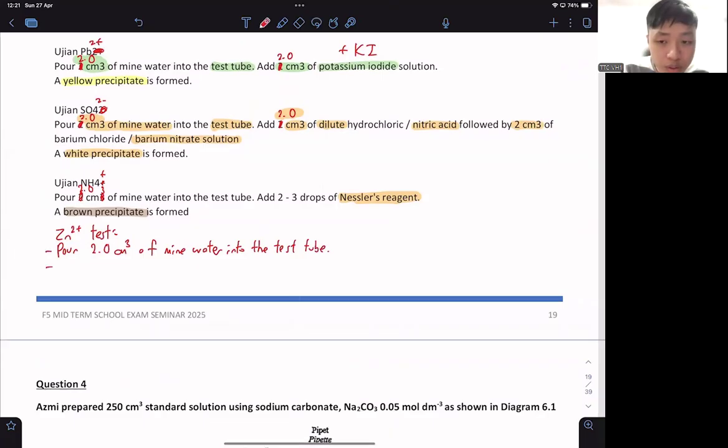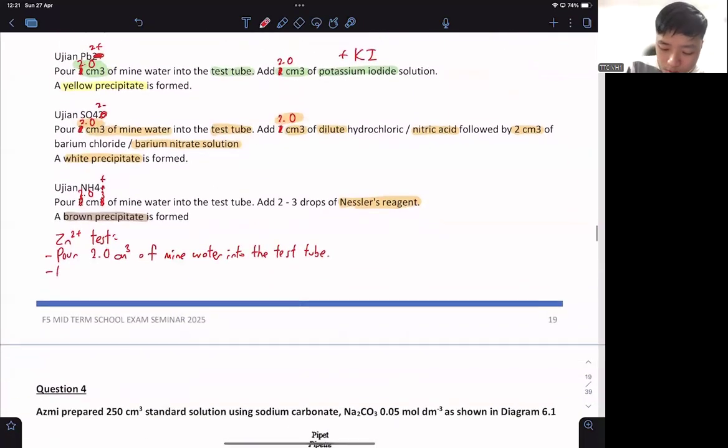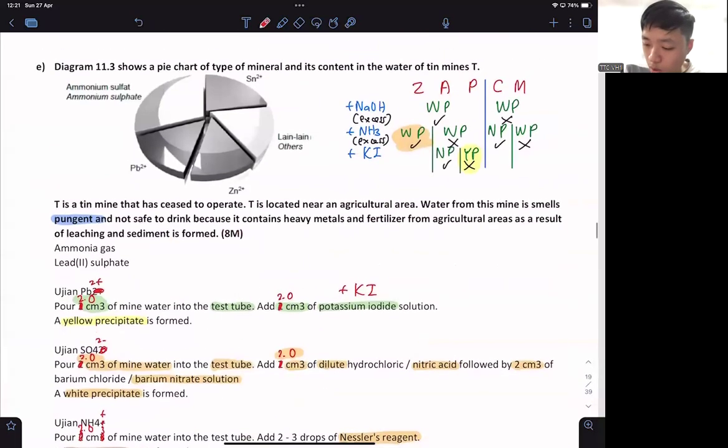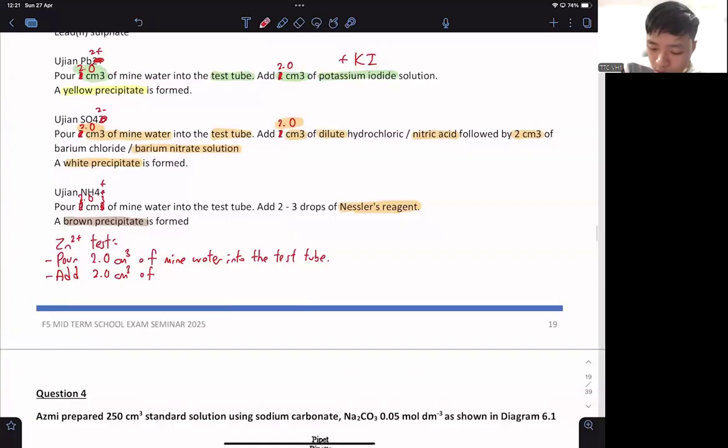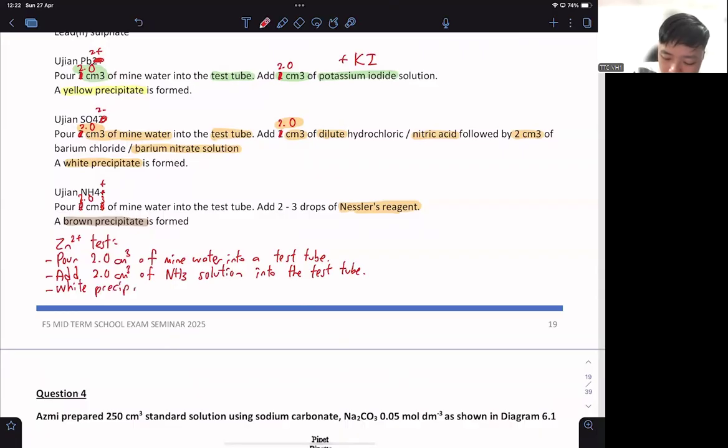Then you add 2 cm cube of ammonia solution into the test tube. Then what you get is white precipitate form.